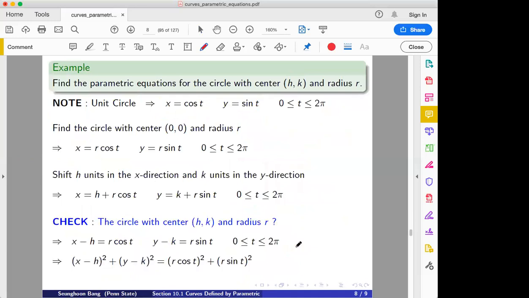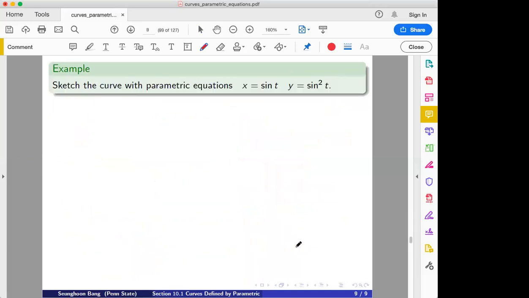The next, the last example: sketch the curve with the parametric equation x equals sine of t, y equals sine squared of t. So how can you sketch the graph? The same. You can make a table. First one, I want to check what kind of shape we have.